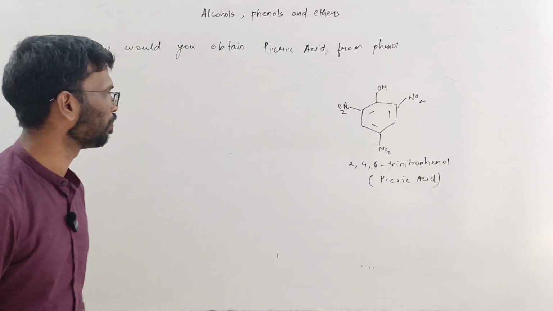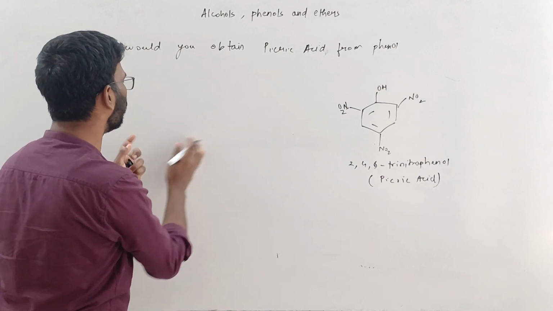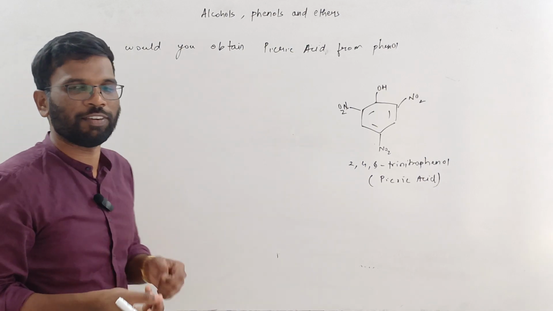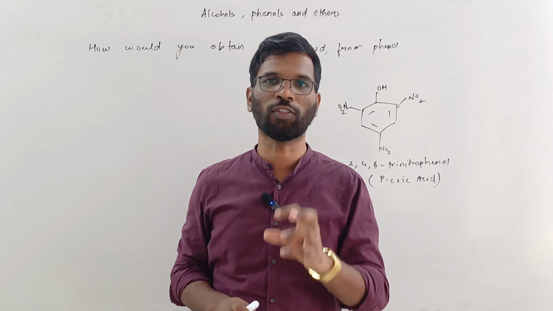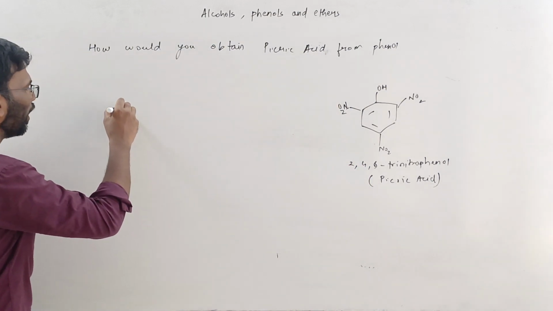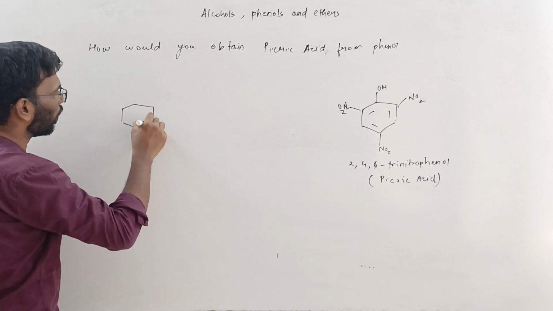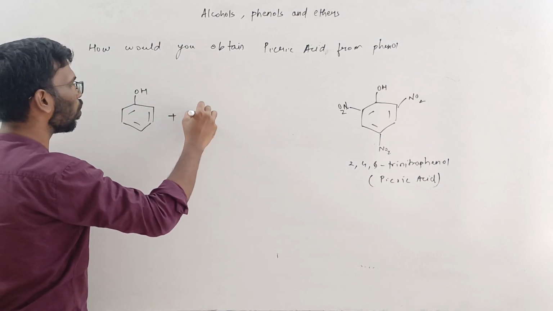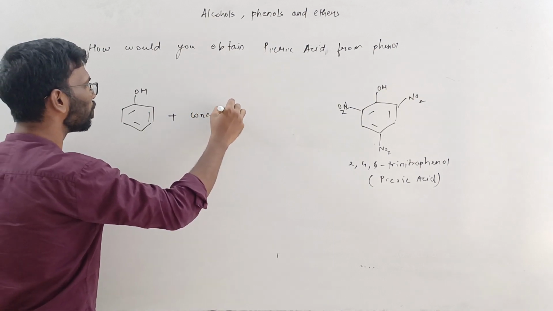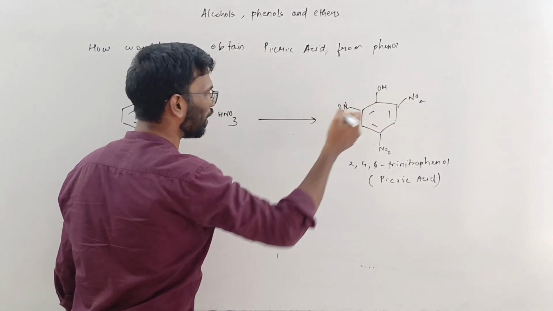How is this prepared from a phenol? Actually, this is about the reactivity of the phenol with concentrated HNO3. The reaction is so simple: how a phenol is going to react with concentrated HNO3. If you take this, you get picric acid.